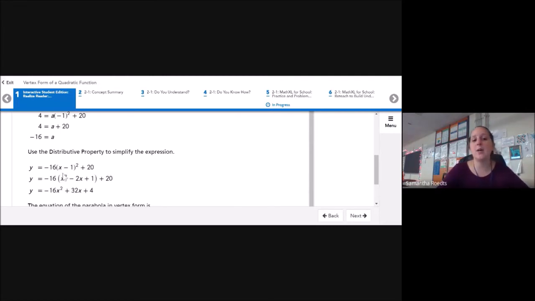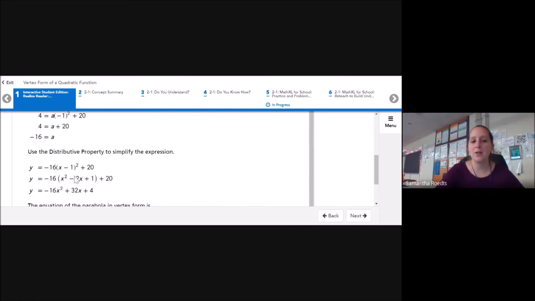Now, what I want to do is solve, basically simplify the right side. So I'm going to take the -16 times (x minus 1) squared plus 20, and I want to distribute it. I want to get it into as simplified a form as possible. That will actually give me my standard form. So (x minus 1) squared is x minus 1 times x minus 1, which gives me x squared minus 2x plus 1.